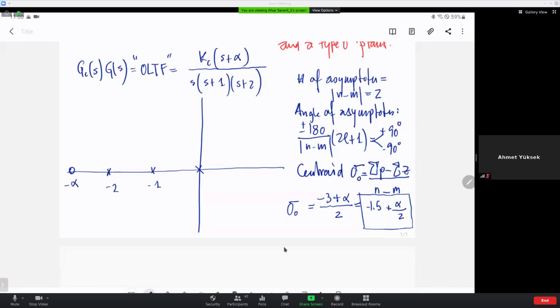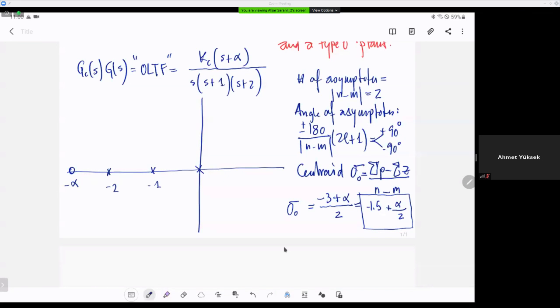What's going to happen is that we will have an asymptote intersection with the real axis, which is our rho 0, equal to, remember, minus 1.5 plus alpha over 2.